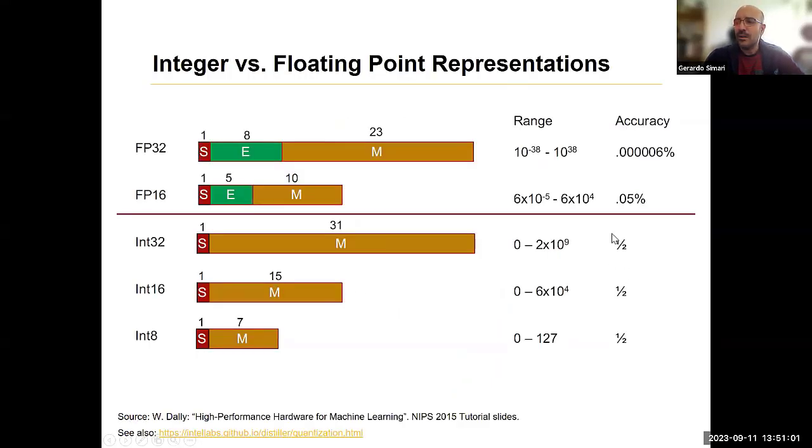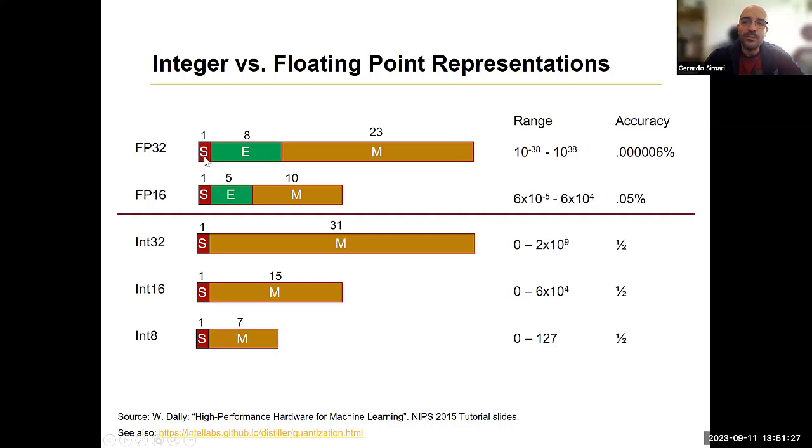I'm assuming that everybody has been through a computer organization class, or if not, then this is a crash course on this: integer versus floating point representations. Floating point, like I was saying just now, is 32 bits.